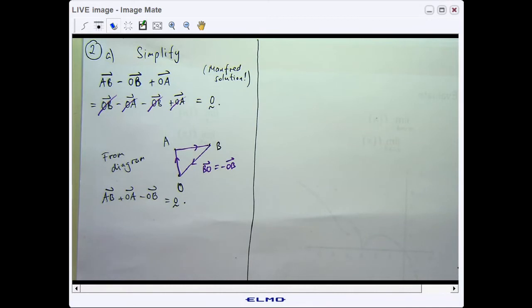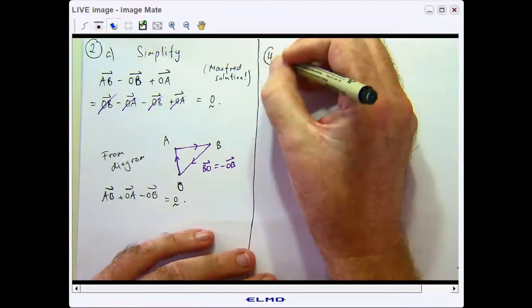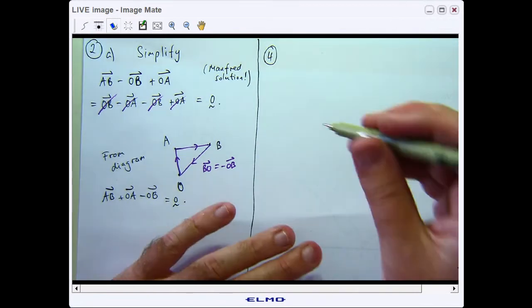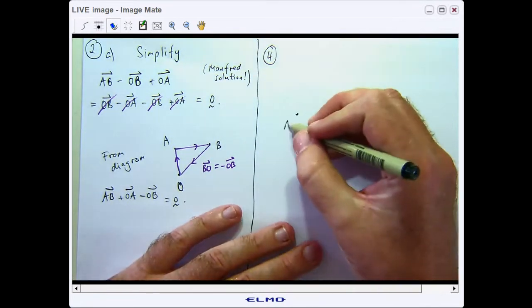Okay, so let's do a slightly more challenging one that also involves pictures. So I thought we could talk about question 4. Question 4 involves some triangles.